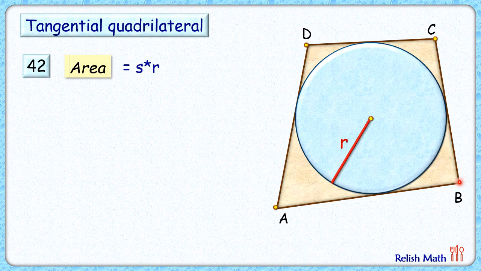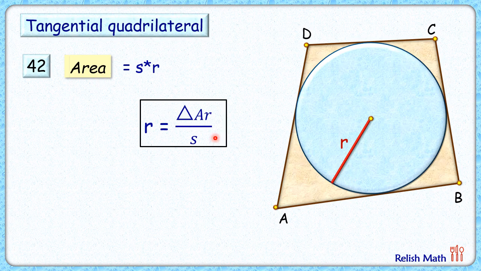If you have a circle, and outside you draw an n-sided polygon touching the circle, then its area will be given by S times R. This formula is at times used in reverse, where data related to area and the sides is given, and you have to find the radius. So radius is area divided by semi perimeter.